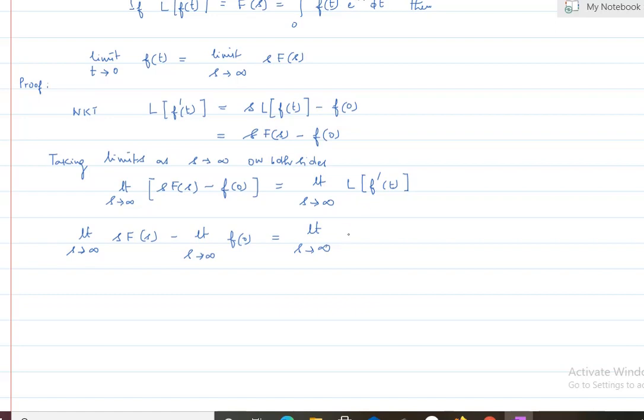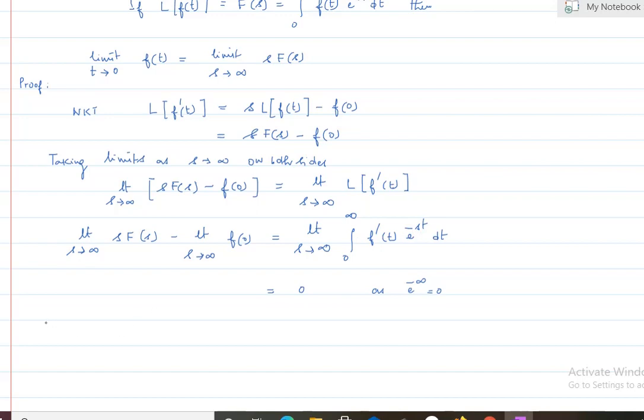By definition, it is integral 0 to infinity f dash of t into e power minus st into dt, which is nothing but 0, as e power minus infinity equal to 0. When we substitute s equal to infinity, this becomes 0, therefore the whole integral becomes 0.